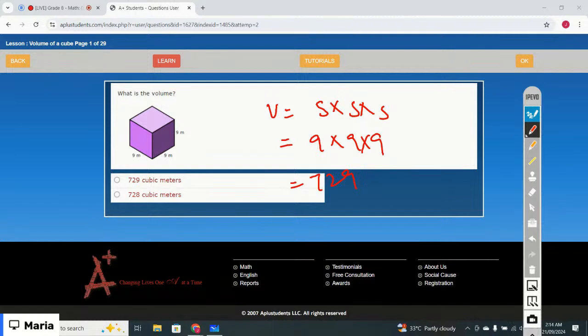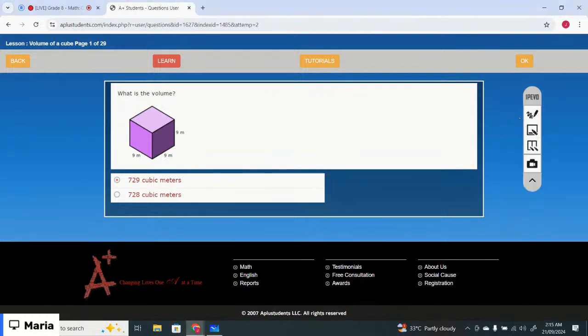Option number 1 is the correct option. So the correct option is 729.